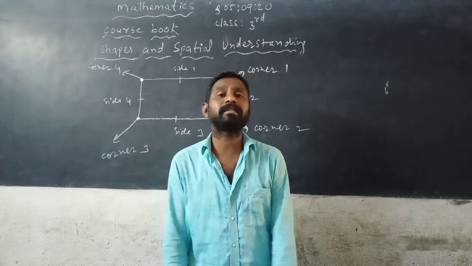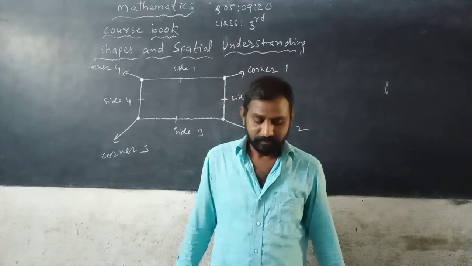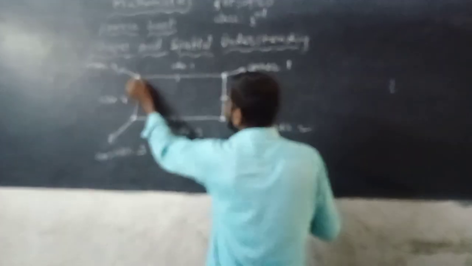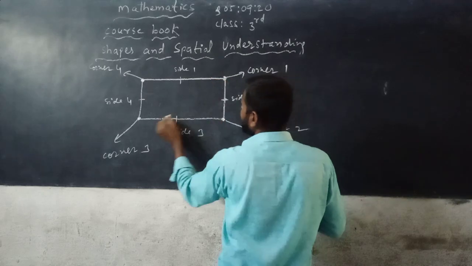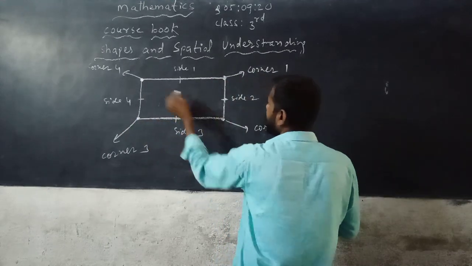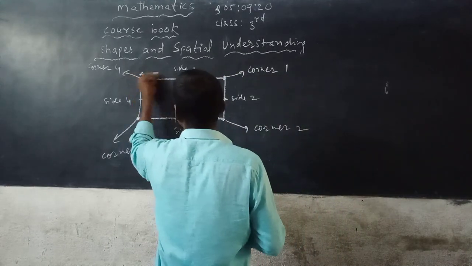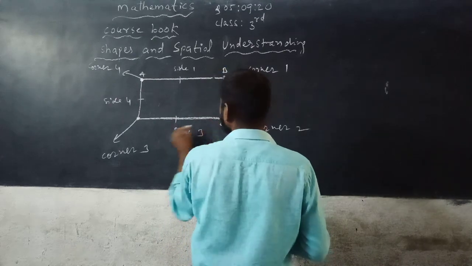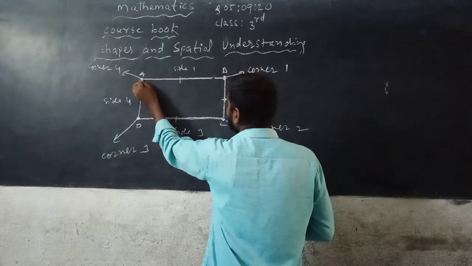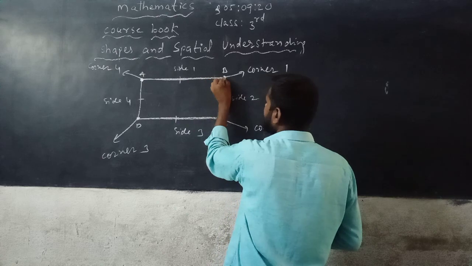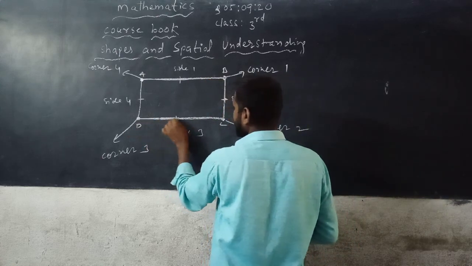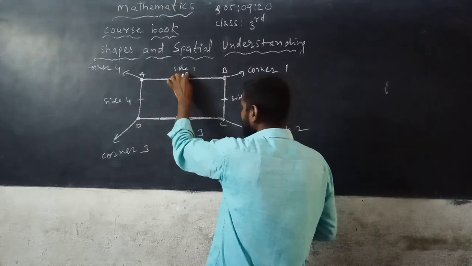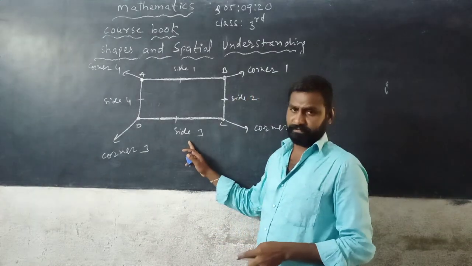Corners are nothing but vertices. Now the opposite sides: this side is opposite to this side. So I can write the corners as A, B, C, D. Side 1 is equal to side 3 because side 1 is opposite to side 3.